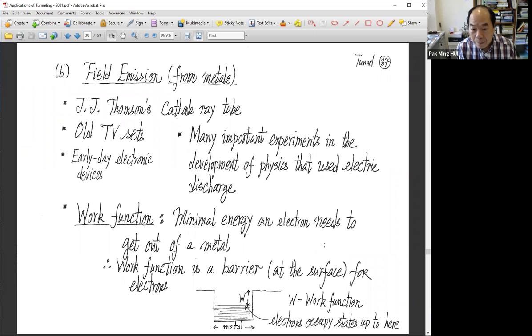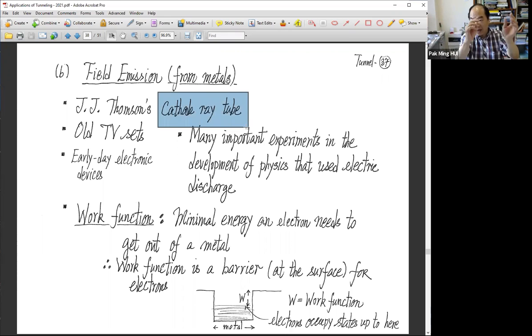There are more applications of tunneling in the early days. Again, we heard about work function, right? Photoelectric effect. There are other ways to get electrons out of a metal. That is very important in the early days of quantum mechanics development as well, because there are many experiments that use a cathode ray tube.